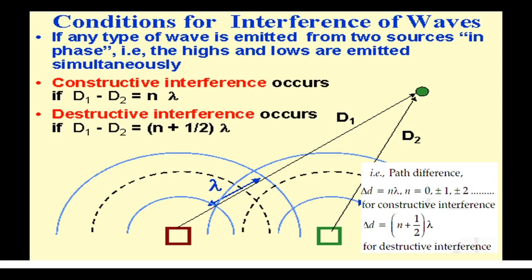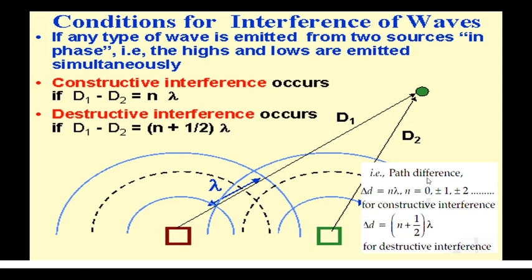Constructive interference occurs if the path difference is equal to an integral multiple of lambda. And destructive interference occurs if the path difference is n plus half into lambda, that means an odd half-integral multiple.